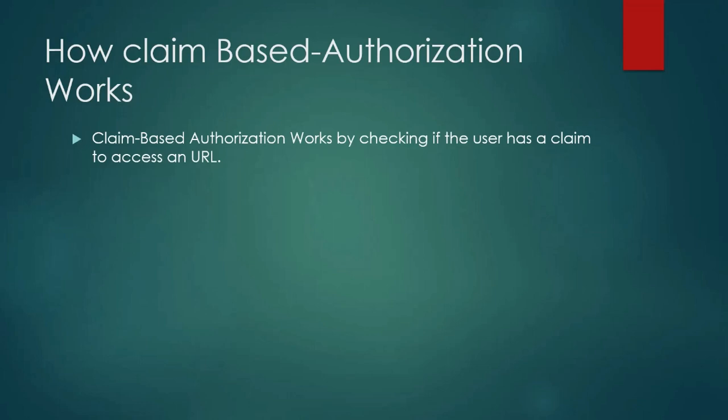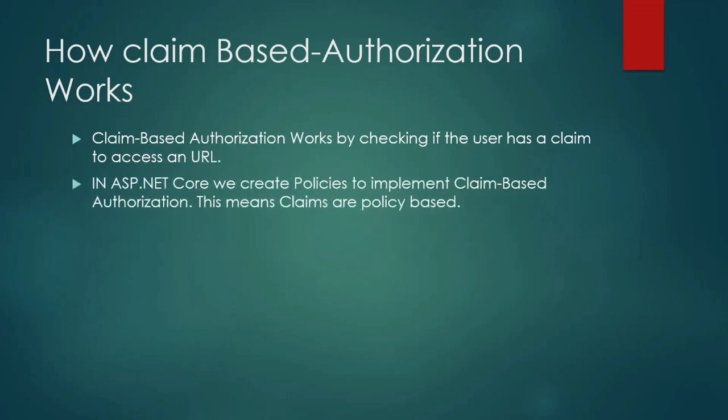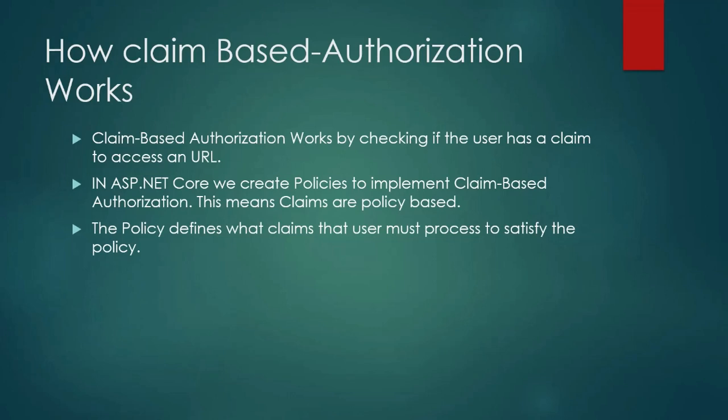That is what you use to check. In ASP.NET Core, we create policies to implement claims-based authorization. This means claims are policy-based. We'll see this practically, but what I need you to understand is that claims are policy-based. The policy determines what claims a user must possess to satisfy the policy. The policies are like functions or defined rules.